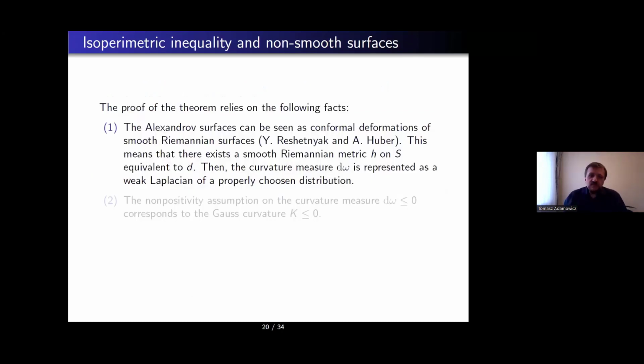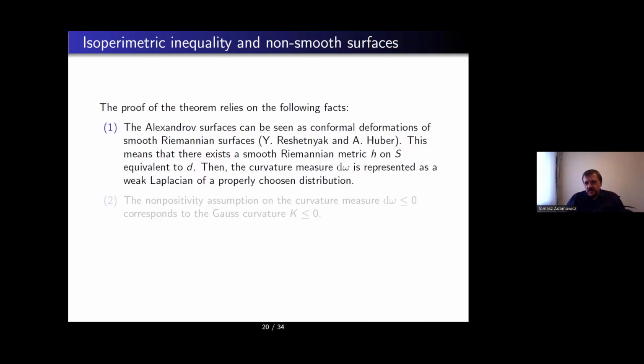The proof of this theorem relies on a number of observations. The key one is the following. As I mentioned, there are many definitions of Alexandrov surfaces, and one that is quite fruitful in consequences is due to Reshetnyak and Huber, who defined Alexandrov surfaces as conformal deformations of smooth Riemannian surfaces.